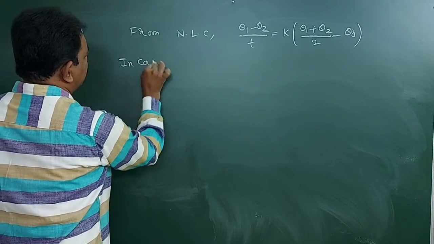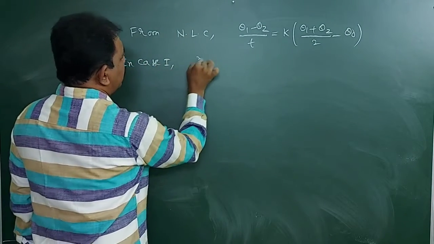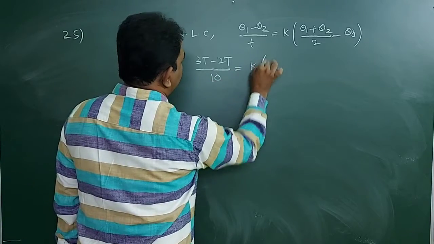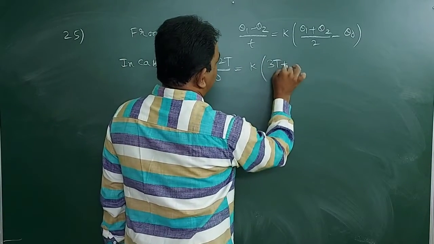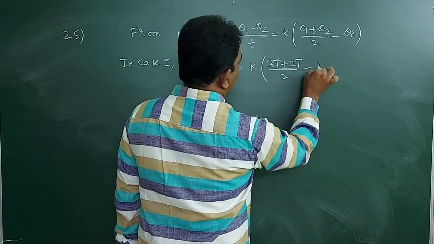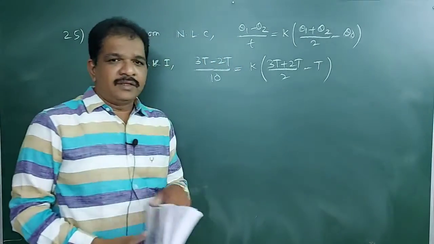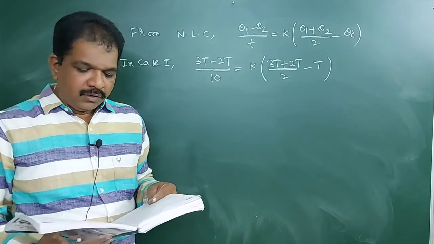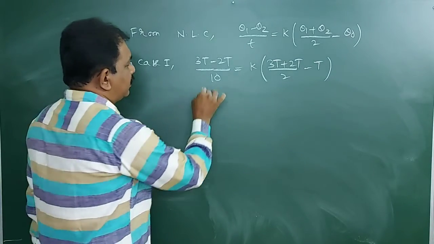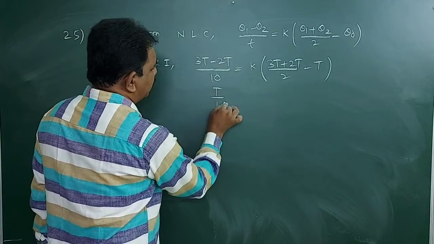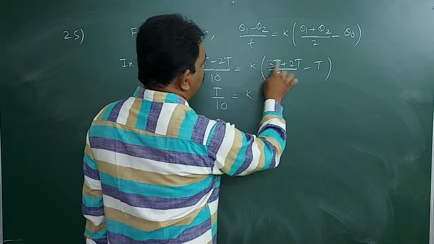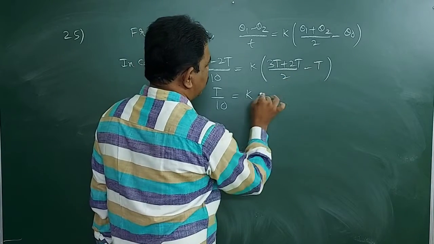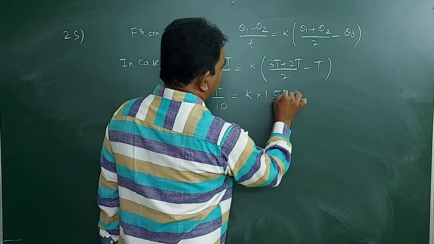In case 1, 3T to 2T in the time 10 minutes: K into (3T plus 2T) by 2. The surrounding temperature is T. Okay, then what will happen? T by 10, K into 5T by 2, that means 2.5 T, minus T means 1.5 T.